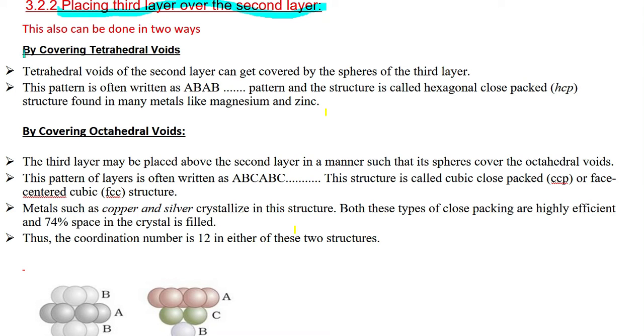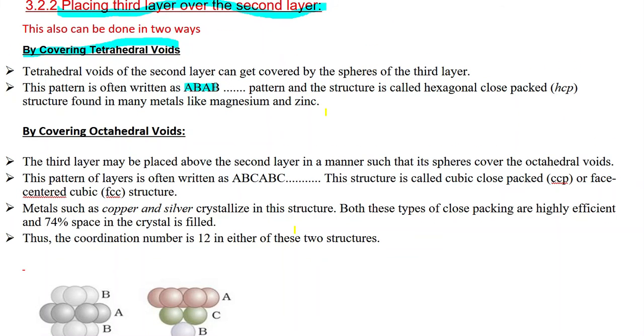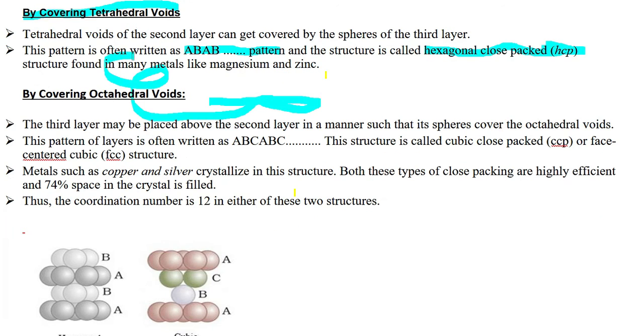The first one is by covering tetrahedral voids. In this type of arrangement we will get an AB type of pattern, and this structure is called hexagonal close packing. Examples of such arrangement are magnesium and zinc. Now what else can we do?